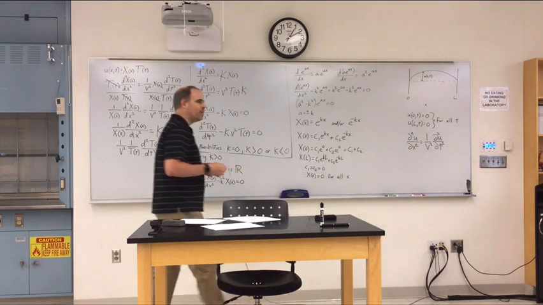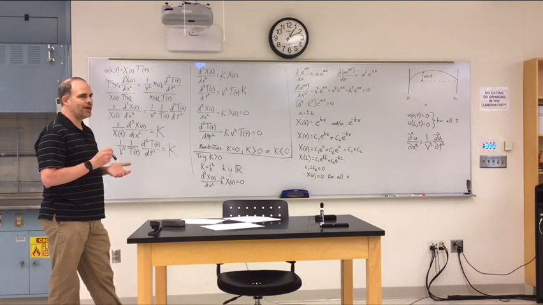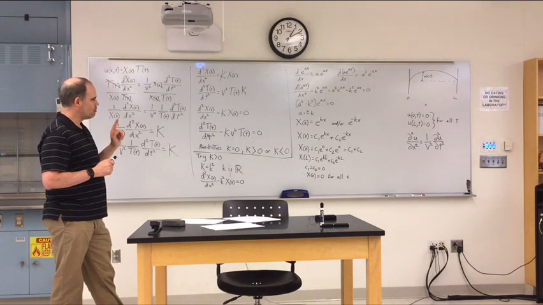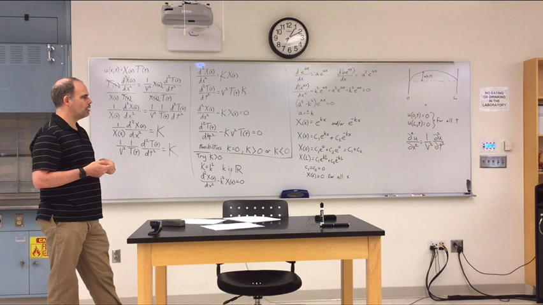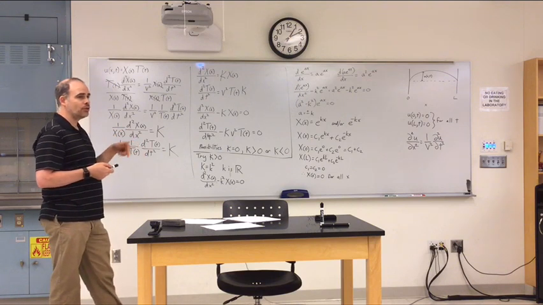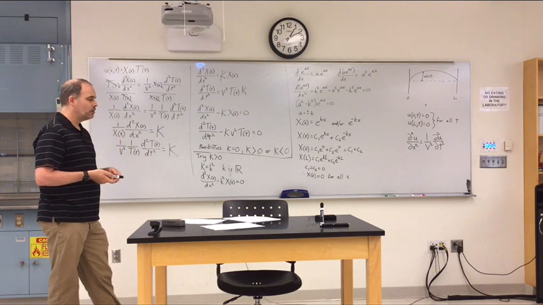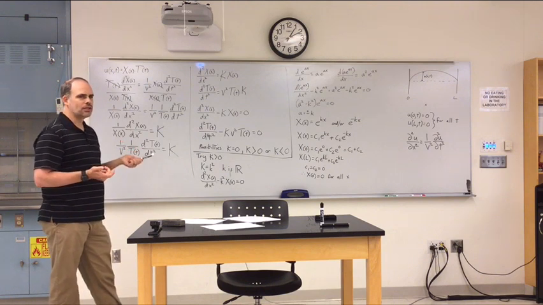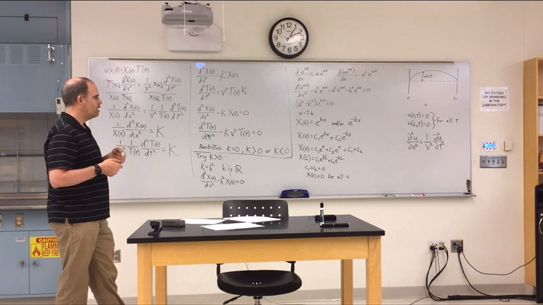In order for the solution to be correct, it has to satisfy your boundary conditions and have a meaningful result, right? So the first one where k was equal to 0 didn't have a meaningful result. This one also doesn't have a meaningful result, right?